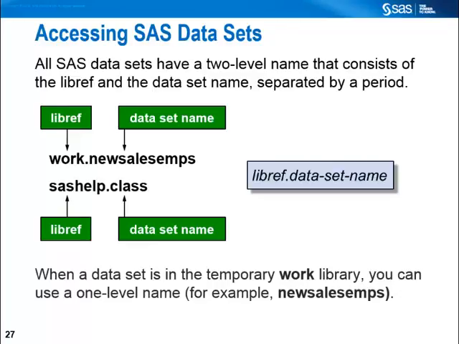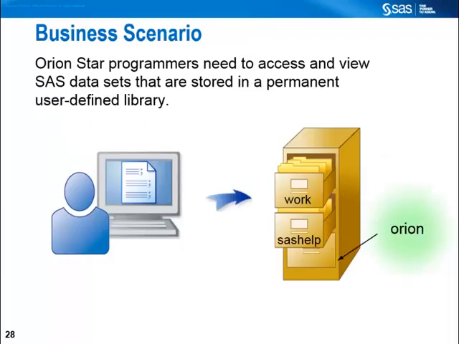Syntax is libref.datasetname. When a dataset is in the temporary Work library, we can use a one-level name, for example, newsales_emps. So if we do not write work and a period, and we simply write newsales_emps, it means the same.